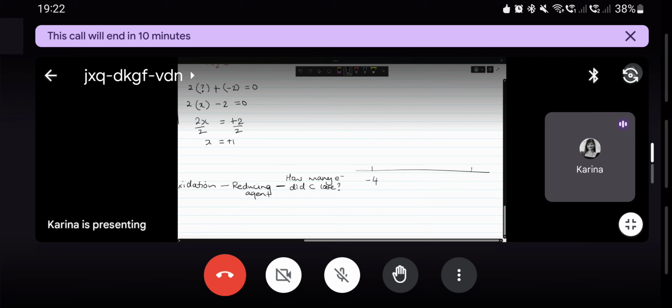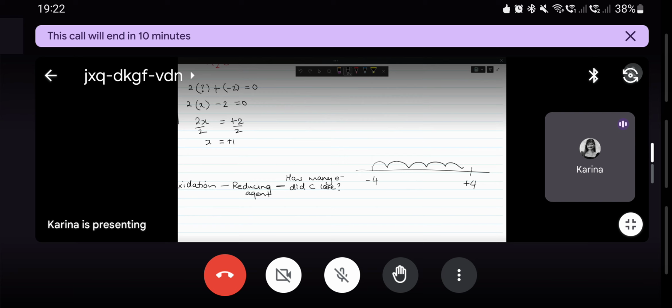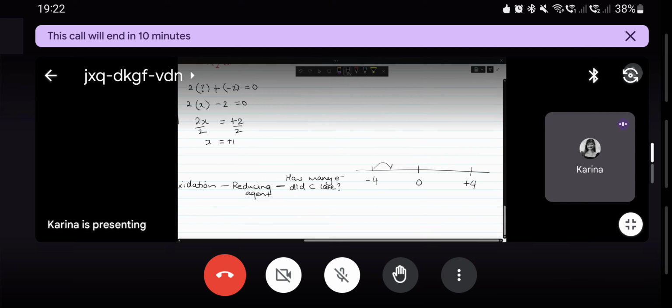If you are -4 on the number line and you end up all the way to +4, how many steps would you have to have taken to get to +4? So remember 0 is here, so you would have to take 4 steps here first to get to 0 and then another 4 to get to +4. So then a total of 8 electrons that you lost. So it would have lost 8 electrons.